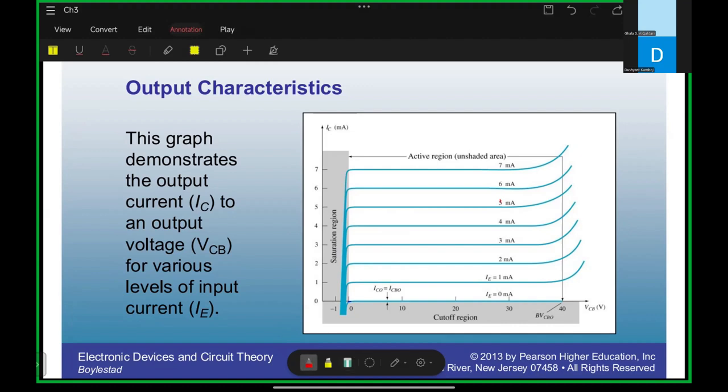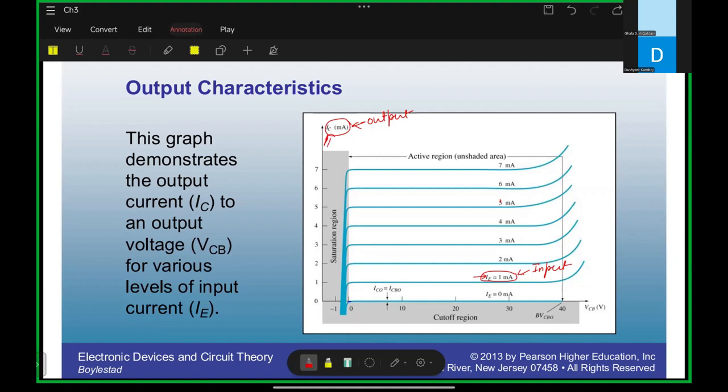Always remember, this current is the input current, and this current is the output current. So which one is left among these three currents? This IE is the emitter current, and this IC is the collector current.